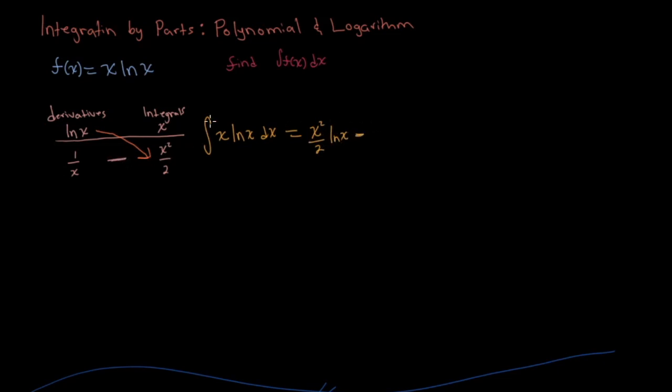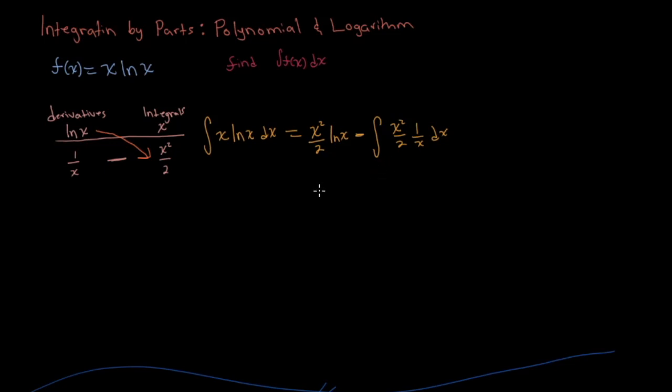It's going to be minus the integral of x squared over 2 times 1 over x dx. This seems a little bit counterproductive because we have another integral in here. Well, luckily that is going to be okay because of this right here.